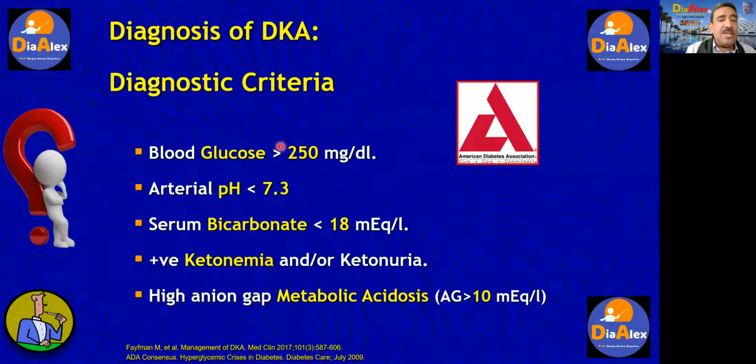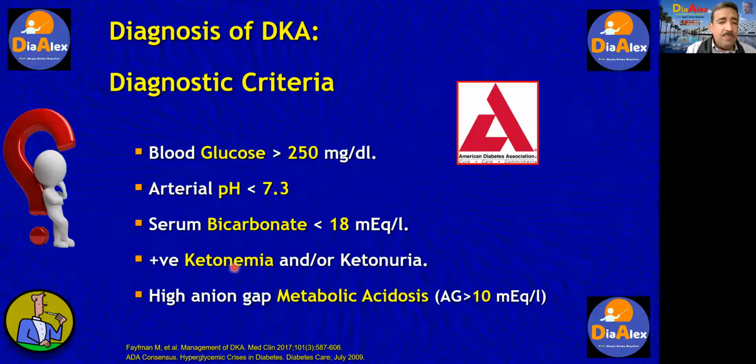So what are the diagnostic criteria of diabetic ketoacidosis? We have just mentioned that DKA is a triad of D, K, and A. Well, some more details. Diabetic, so blood glucose by definition in DKA should be more than 250 milligram per deciliter. K, so there is positive ketonemia and/or ketonuria.